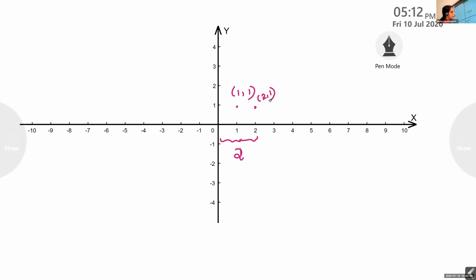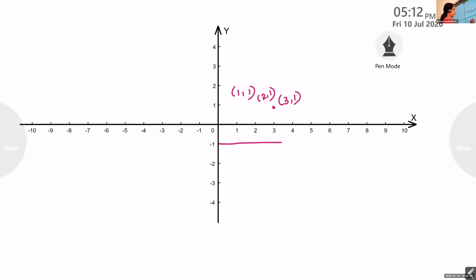Did you understand? Now, if up to this, the distance is 3. So what is that point now? 3, 1. Clear?